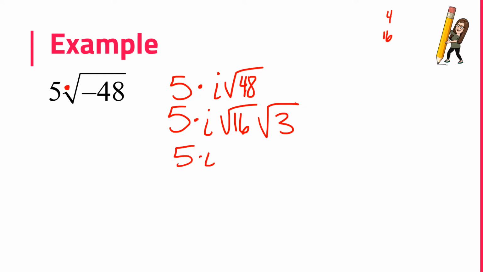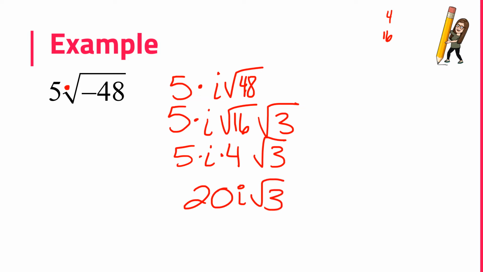Well, 16, the square root of 16 is 4. And 4 times 5 times i is 20i square root of 3. So again, don't need to show every little step. My hope is that you understand that the values are being multiplied and that you know what order to write them in.